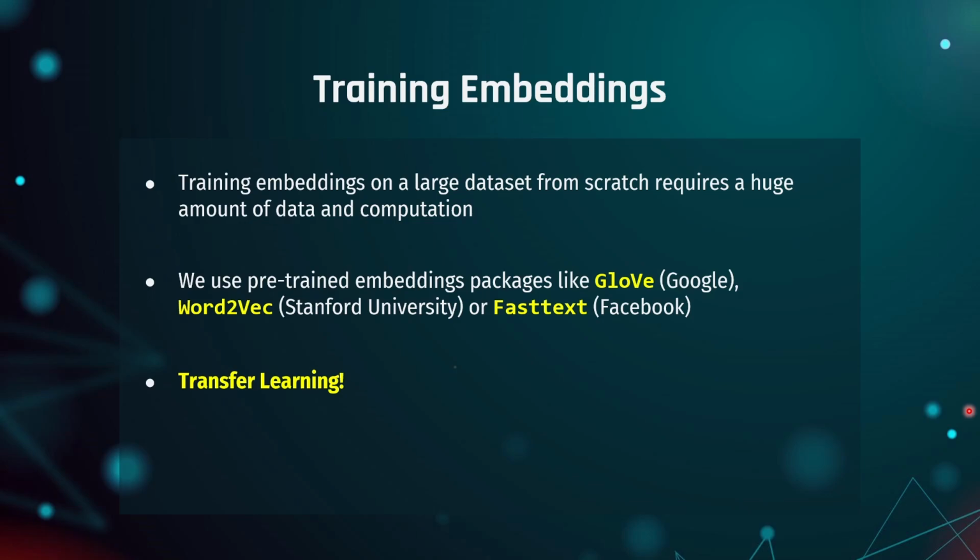So এই যে particular technique যেখানে আমরা pre-trained embeddings package use করছি আমাদের specific task complete করার জন্য, right? Basically using existing trained models to perform our specific task, this particular technique is known as transfer learning, okay?